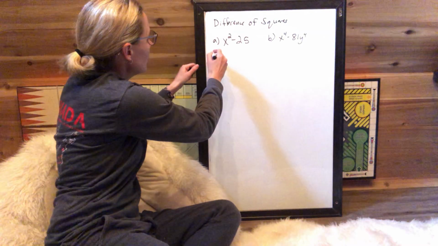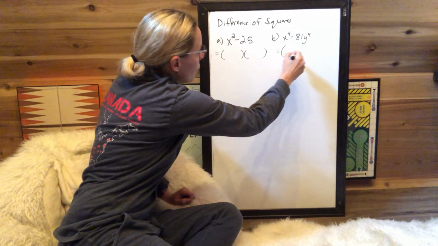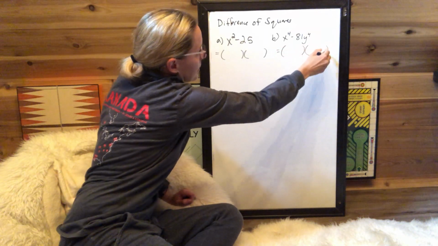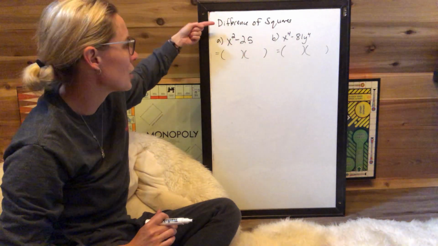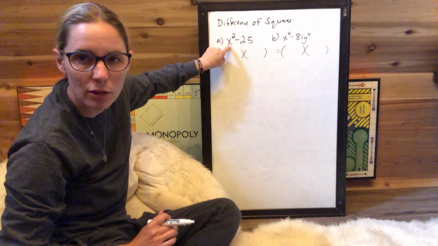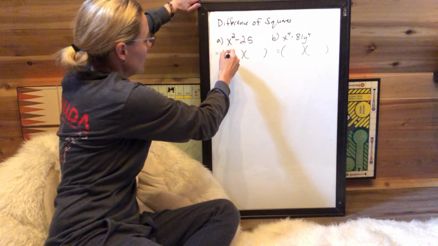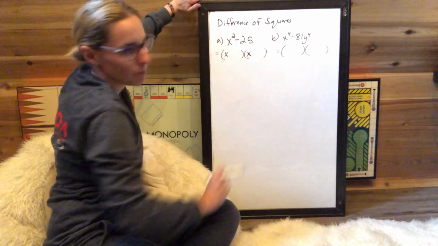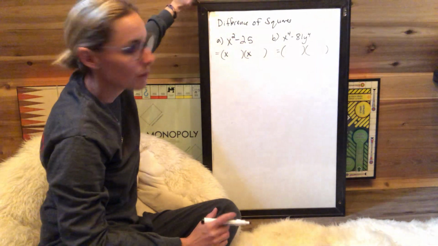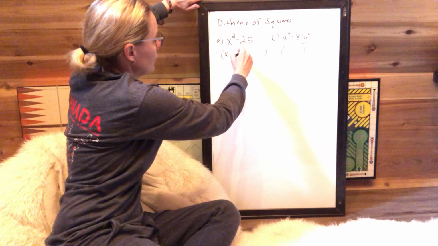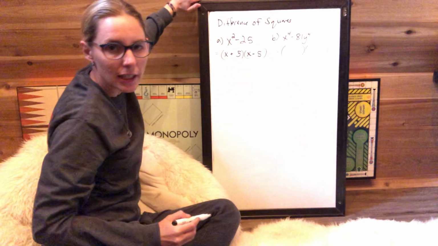When we factor them, they both get put into a set of brackets, and the trick we used was that we took the square root of the first term. The square root of x squared is just x, and you put that in the beginning of each set of brackets. Then you take the square root of the second term. In this case, 25, the square root is 5, and one gets a positive, and one gets a negative.